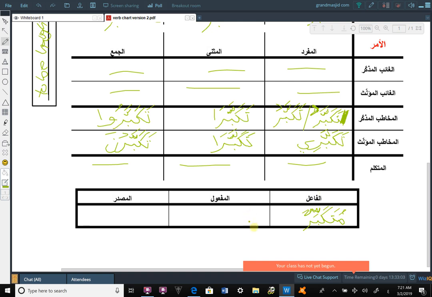Maf'ul mutakabbar. And the act of being arrogant, that action we're talking about, he has this arrogance, right? Takabburun.